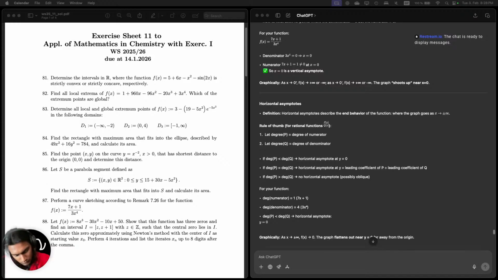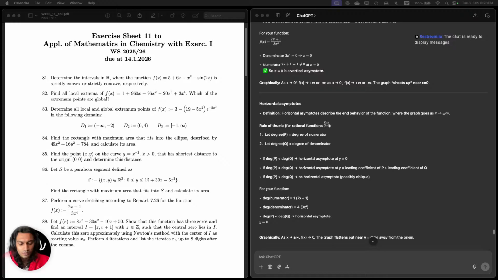Exponent of the denominator, e raised to d. Okay, n by d.